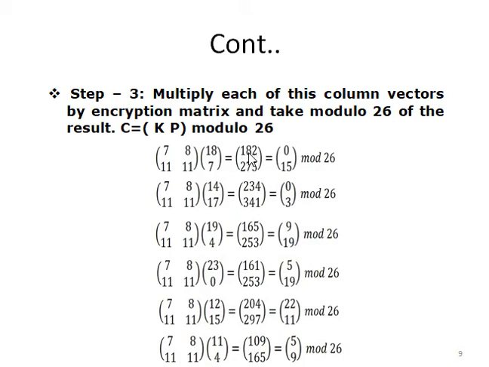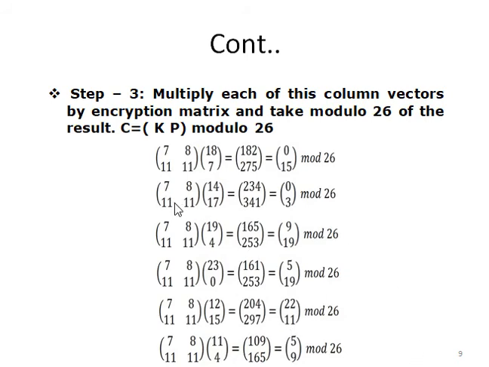182 modulo 26 will give you remainder 0. 275 modulo 26 will give you the remainder 15. Do the same thing for all these column vectors.